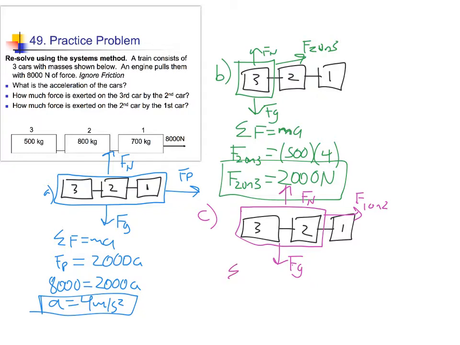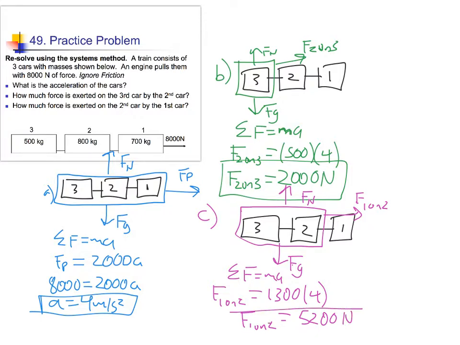So I set up my F equals ma once again, and I have the force of 1 on 2 is equal to the mass of that system, so 500 and 800 together, or 1300, times the acceleration, which I know is 4, and so I find that the force of 1 on 2 is 5,200 newtons, which is the same thing as I got before.